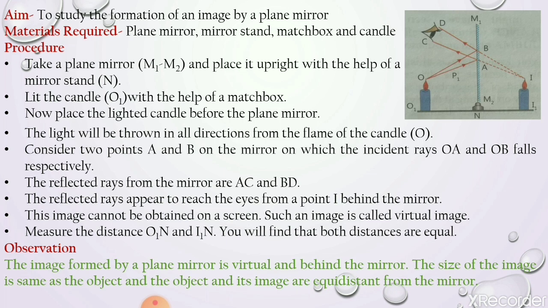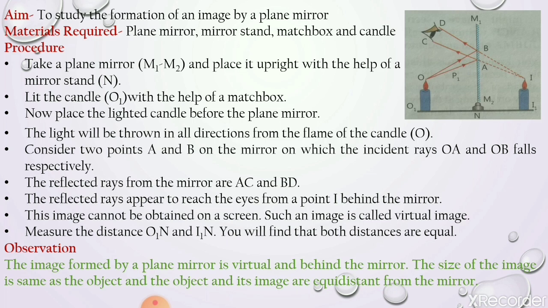Because these two reflected rays are not meeting here, when we draw an imaginary line, we can see that they appear to come from point I behind the mirror.